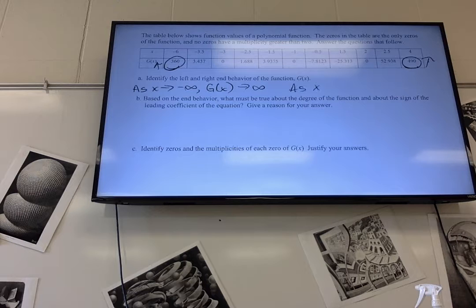And as x approaches infinity, g of x still approaches infinity. So based on that, what do we have to know about the degree then, Tyler? The degree is even, because they both point the same way. And what about the leading coefficient then, Jose? Positive, because they're both pointing up.